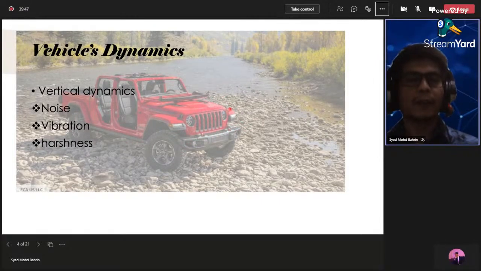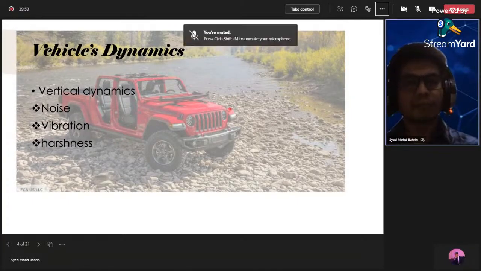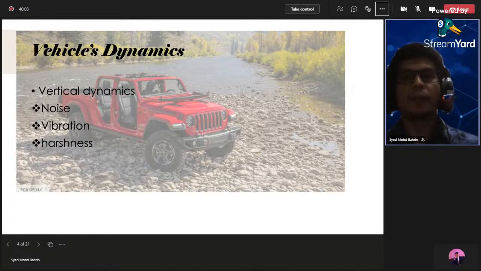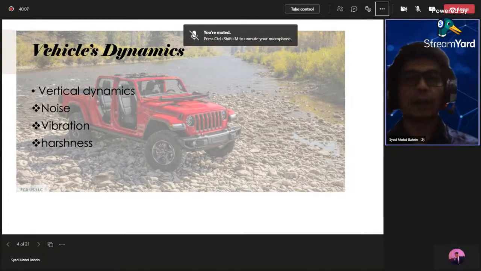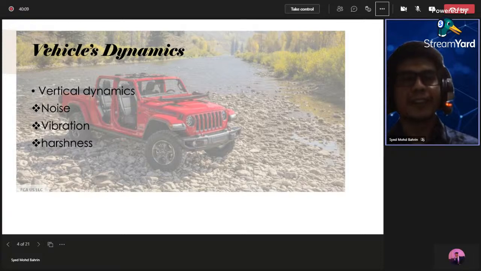So we have, as I have mentioned just now, three categories of dynamics of a car. What the suspension is for is basically to counter all these dynamics. The vibrations that go to our body, the movement of the car back and forth, up and down, left and right, and rolling motion can be controlled by means of the suspension system.